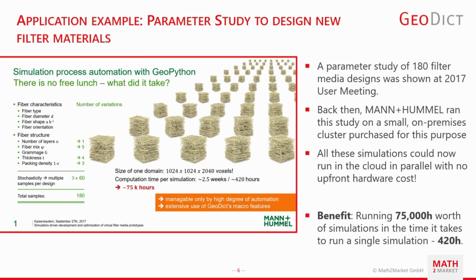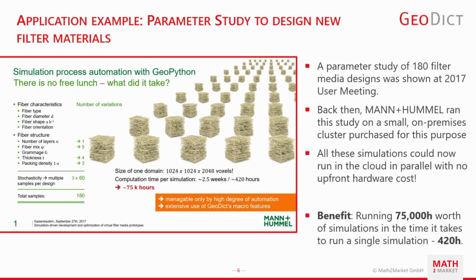As another motivational example, here is a parameter study that was already shown in 2017 by our customer Mann & Hummel. They did a parameter study across 180 generated structures within GeoDict. For this purpose, they purchased a small on-premises cluster and distributed these jobs basically manually to the machines within the cluster.